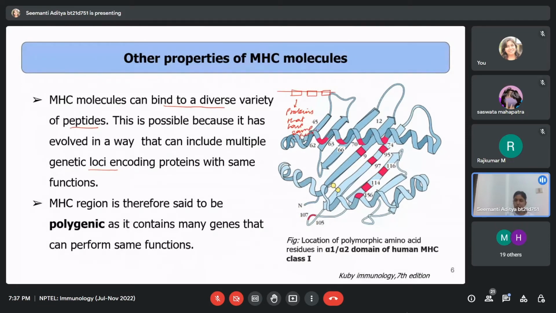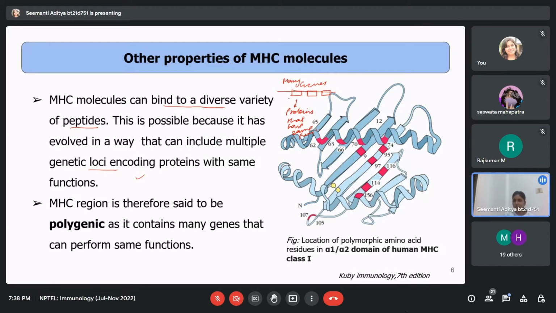If there are many genes encoding proteins with the same function, then any one of the genes can recognize your peptide, so it will not be a problem in recognizing the peptide, because different genes will still recognize the same peptide.